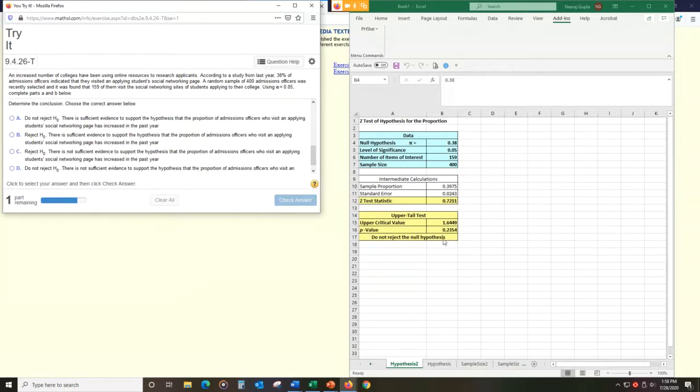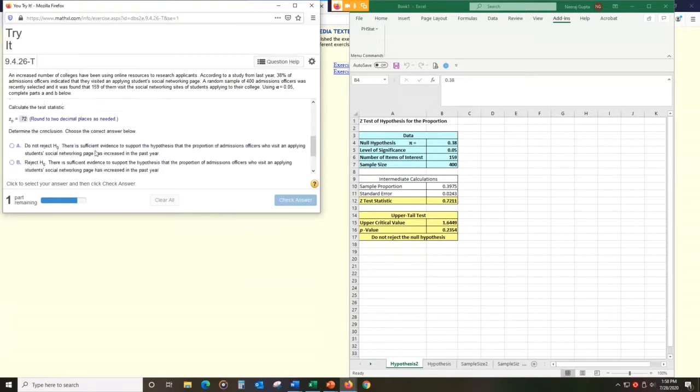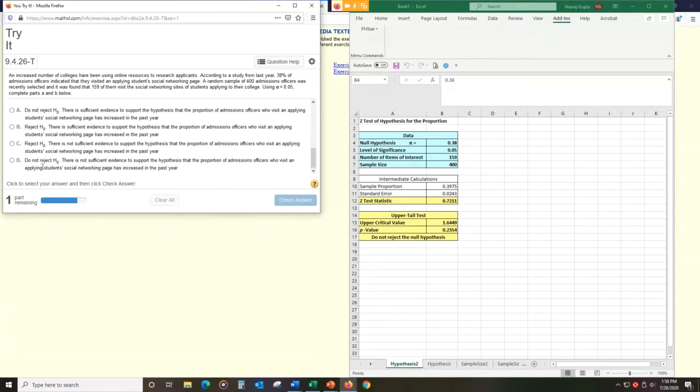Now, I do get the decision as do not reject null, but was my claim the null hypothesis? My claim was not the null hypothesis. My claim was alternate. So when I'm saying do not reject null, that means my claim, which is alternate, is false. So I'm choosing one of A or D, do not reject.